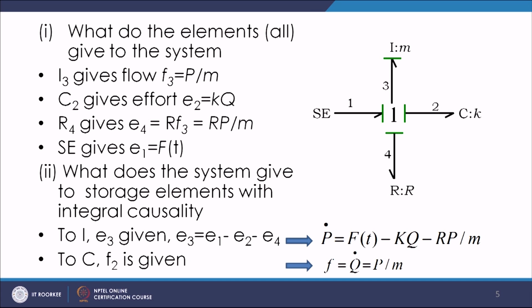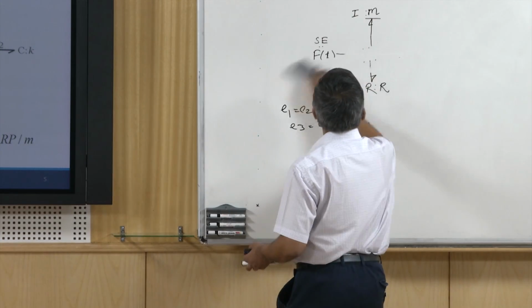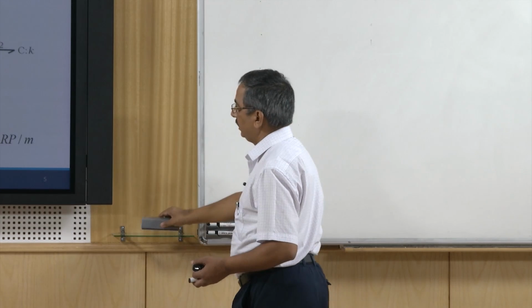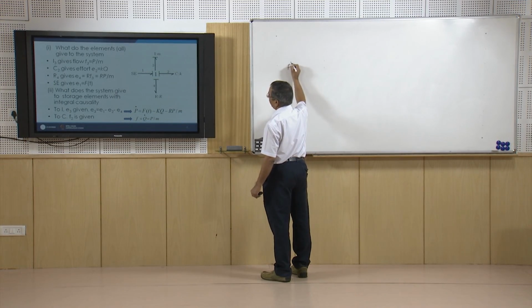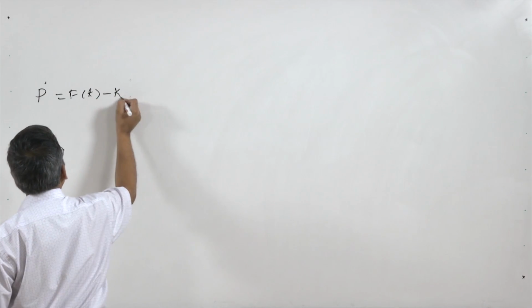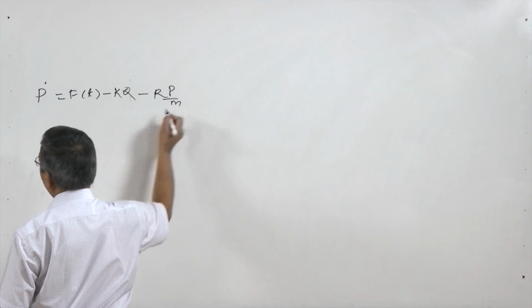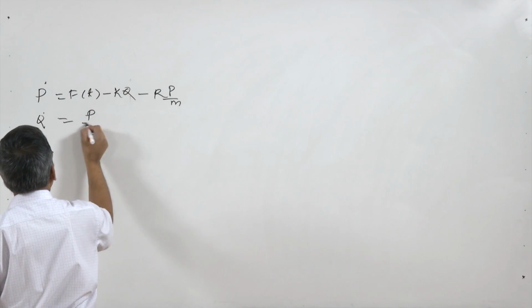So, the flow here is going to be the same as this one. So, this q dot is P by m. Okay. So, we have these two equations for this system. These equations are P dot equals Ft minus Kq minus R P by m, and q dot equals P by m.